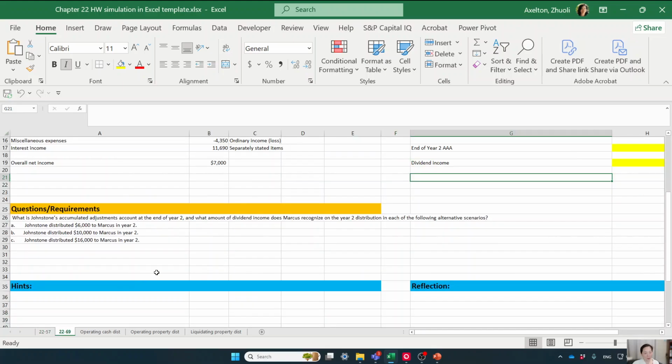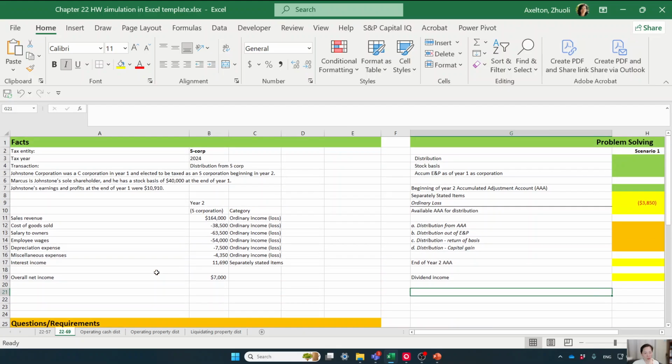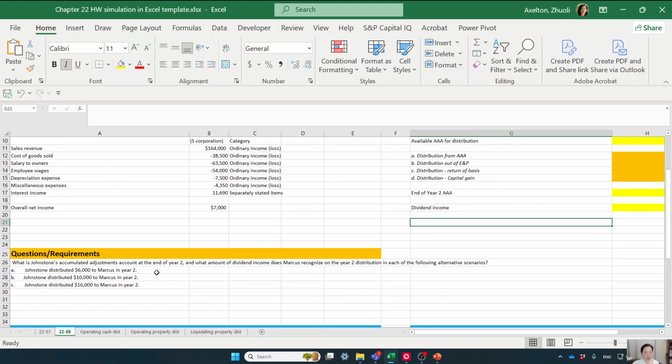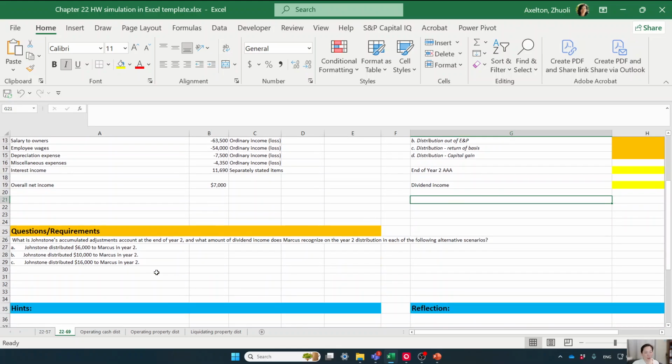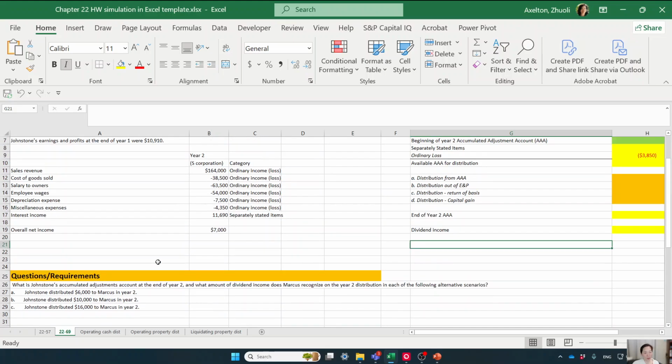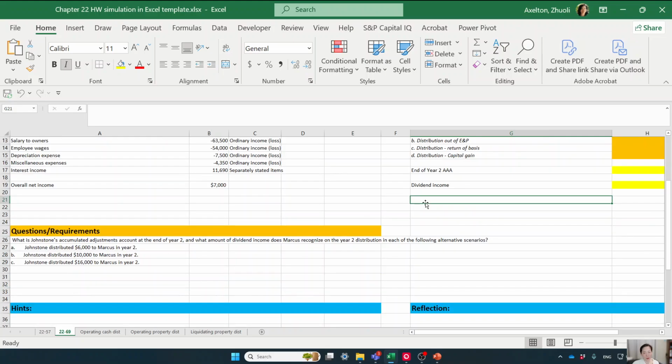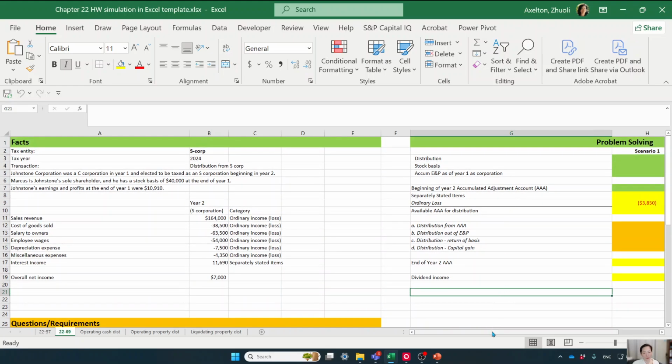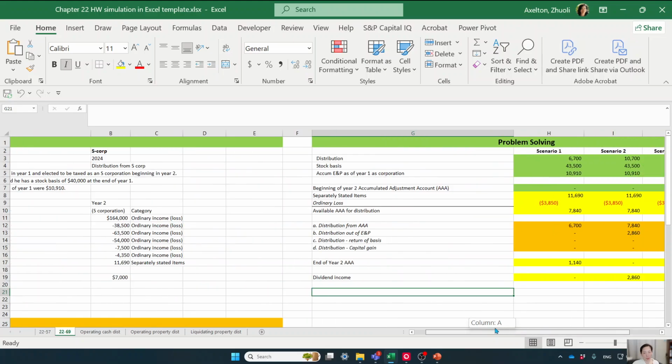And question 69 is regarding a distribution from S corp. In this case, we're just dealing with cash distribution, and we're not getting into the complication of property distribution. And again, there are different scenarios for the same S corp.